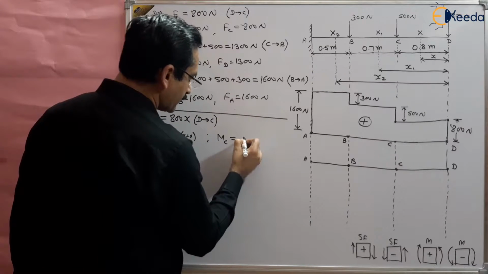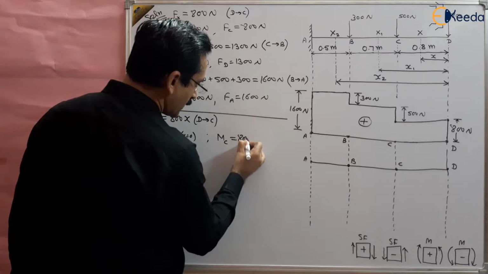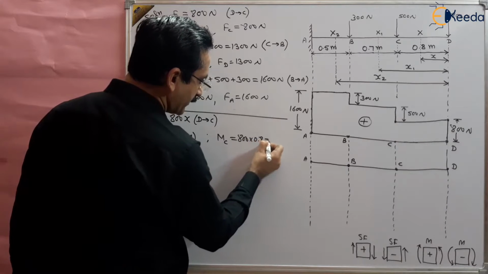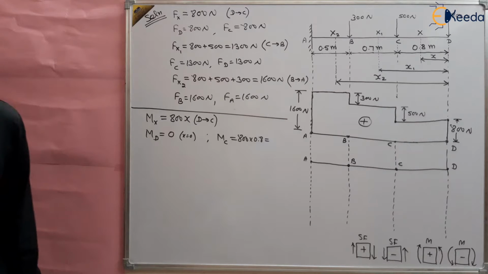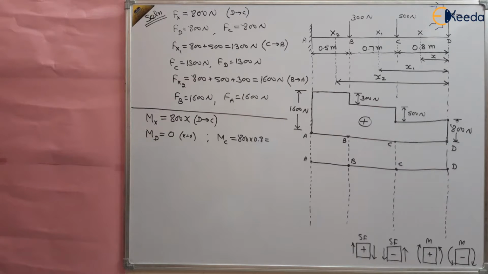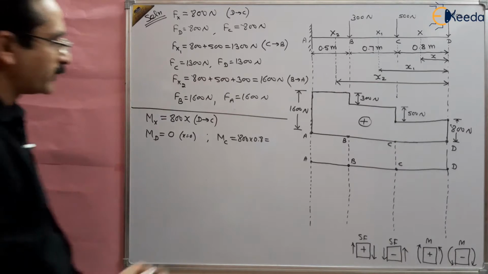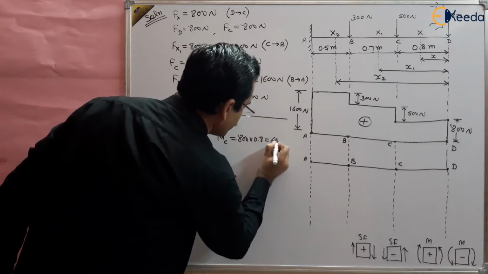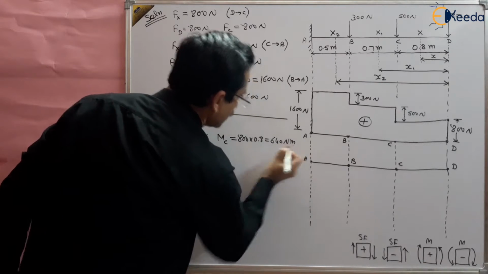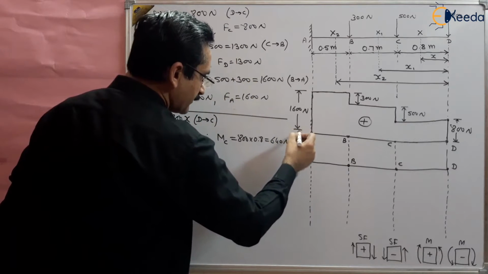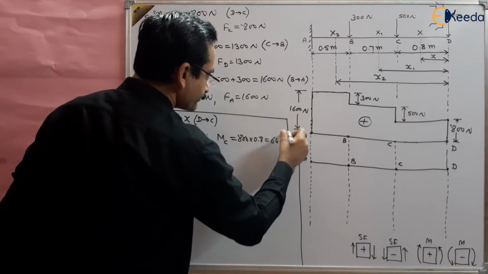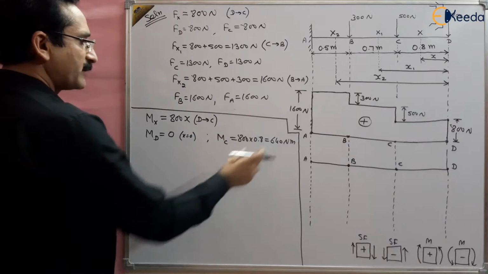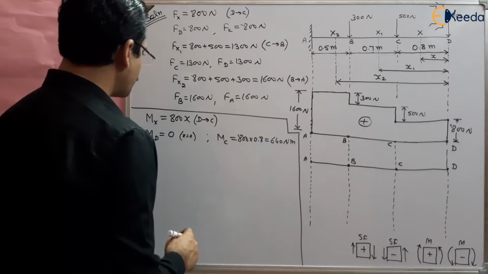So MC will be equal to 800 multiplied by 0.8, because the value of x is 0.8 here, right? So what is the value of the moment at this point? This is 640 Newton meter, right? This is the value at C point, 640 Newton meter, right?